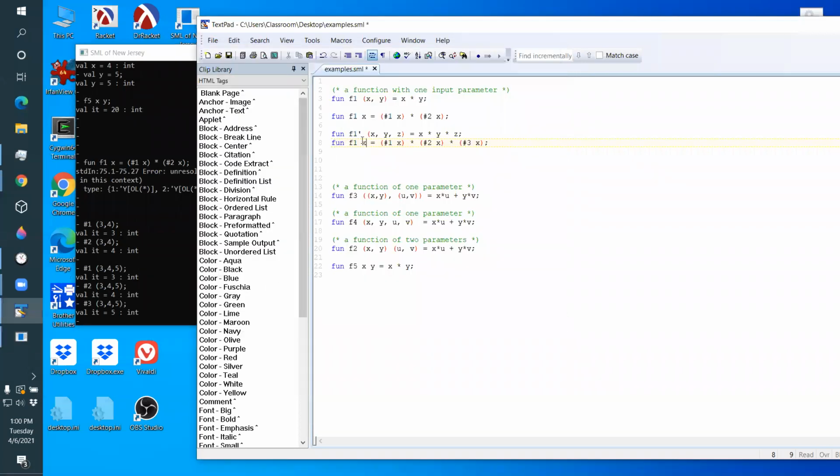Over here, if you look at that code, what if I did this? Suppose I don't use the y in my answer. I just take the product of x and z.